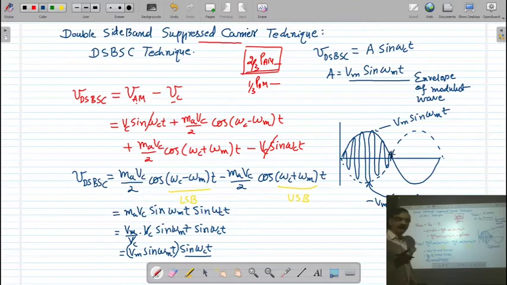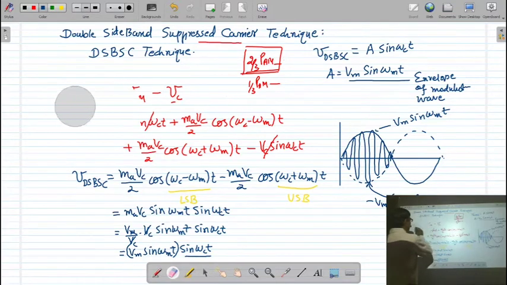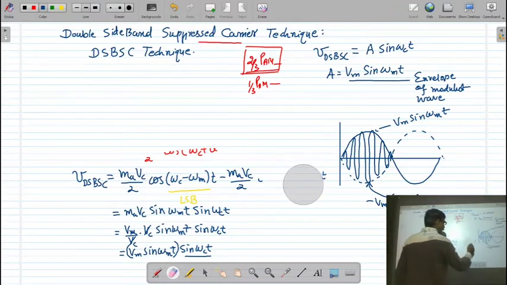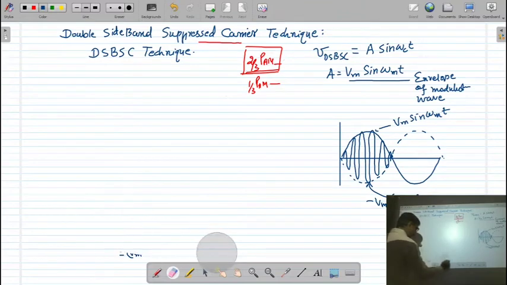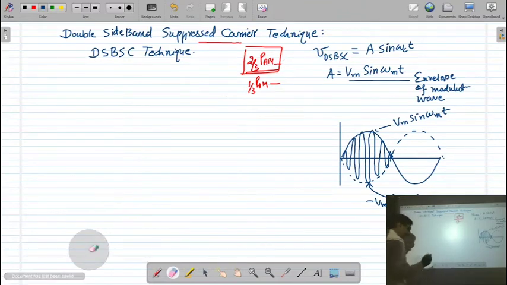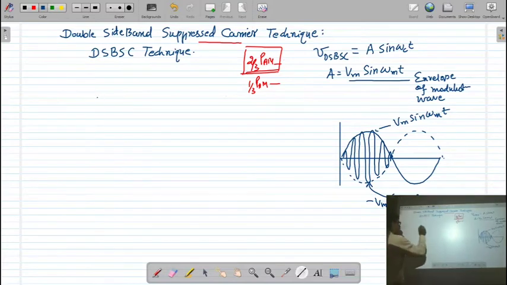Now, if you see the waveform of an amplitude modulated wave, then it is like this.